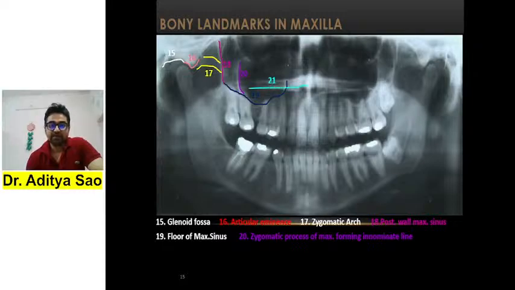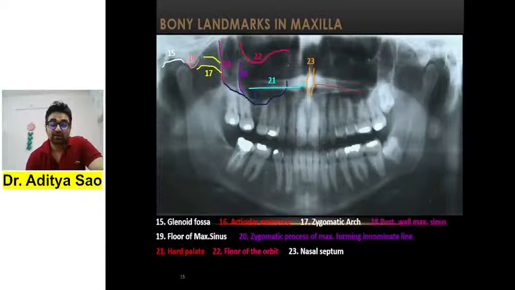Number 21, on this side and on this side, is your shadow of the hard palate. Number 22 is the floor of the orbit. Number 23 is your nasal septum. Number 24 is your incisive foramen.